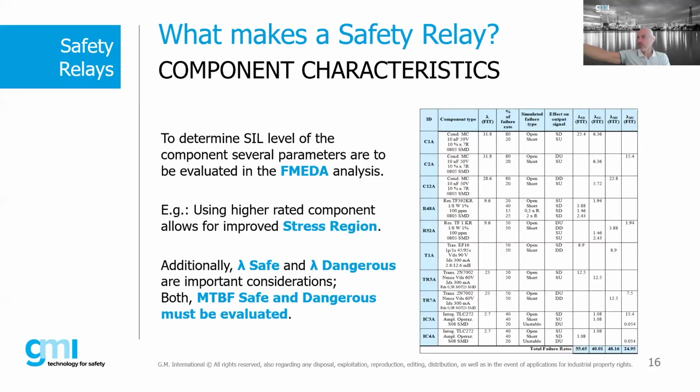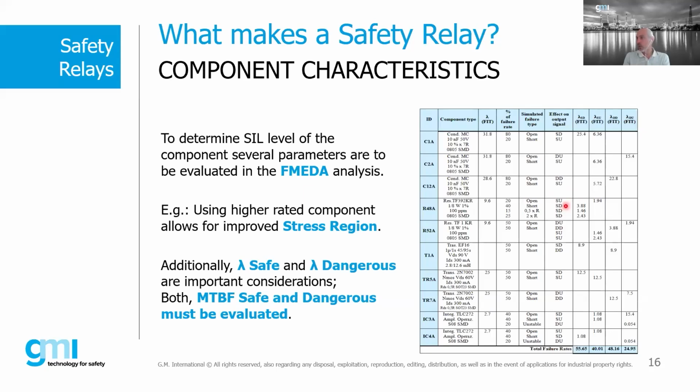There are different components, and for each component there are values. Let me highlight so people can see what I'm telling them. SD is safe detected, SU is safe undetected, DU is dangerous undetected. For each component, it can be a resistor or a capacitor, there is a value supplied by the manufacturer.